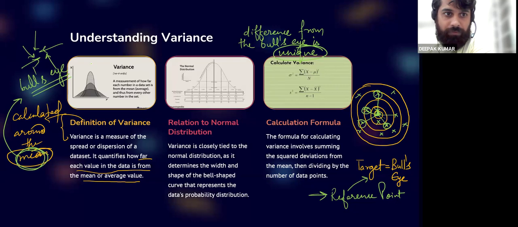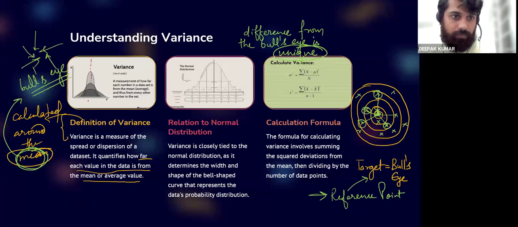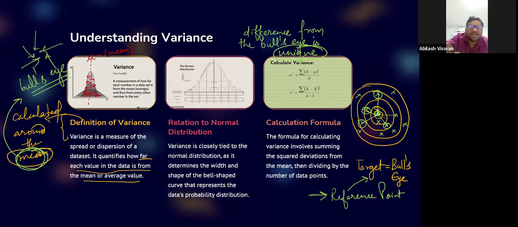Say if you can see in the picture, say this is the mean line. Around this mean your data is distributed. Can you see the distribution of the data, Abhilash, Kunal? Yes.